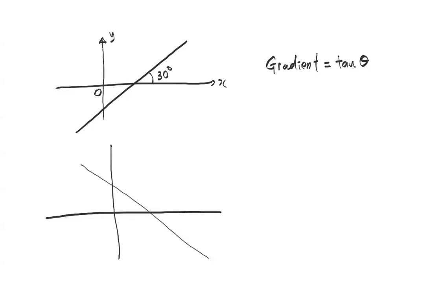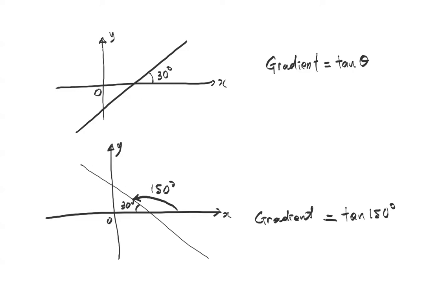If I have a straight line like that, and this is 30 degrees, for the gradient I have to use this angle, 150 degrees. So the gradient for this case will be tangent 150.